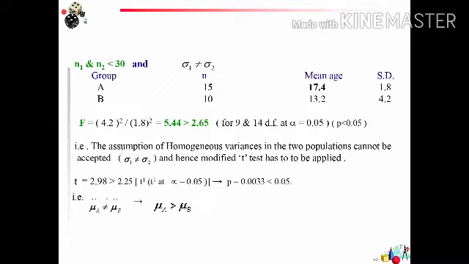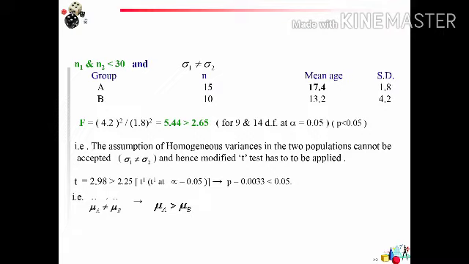Instead of the student's t-test we are applying the modified t-test when the assumption of homogeneity is not met, and we calculate the modified t-test statistic. Here we get the p-value is 0.003, which is less than 0.05.